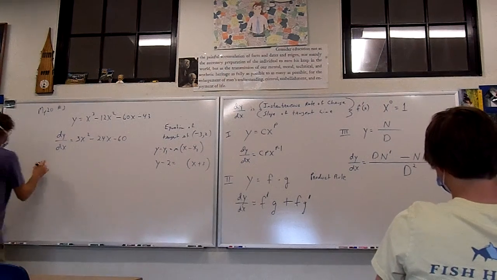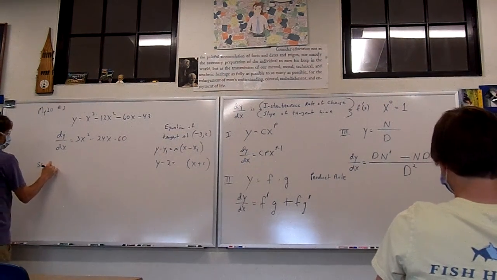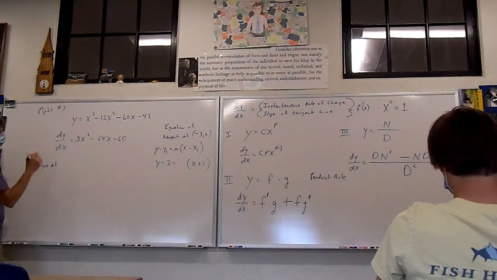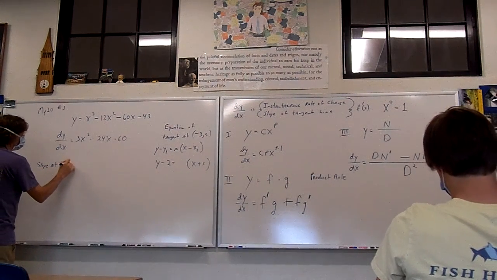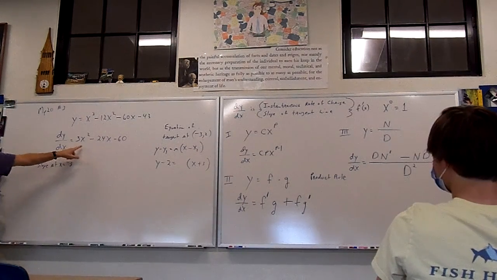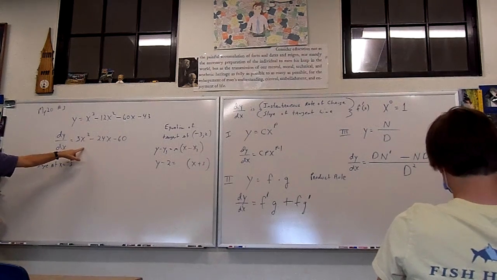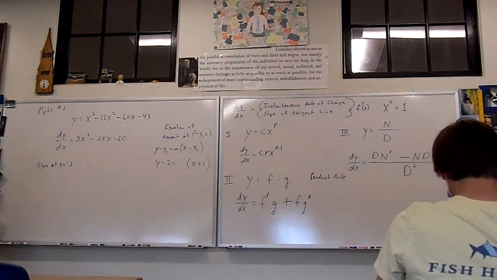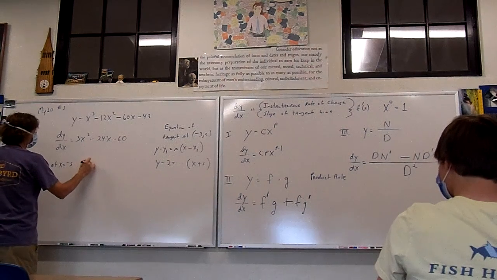And then, in order to find the slope at negative 3, what are we going to do with the negative 3? We're going to put a what in there? Everywhere that they got x there, we're going to put in what? Negative 3.